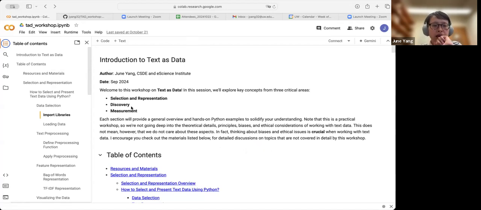The second broad section is about discovery, so how we perform knowledge discovery, research discovery using text data. And the third section is around measurement, which is, after we've performed the representation and discovery, how do we build measurements out of text data.